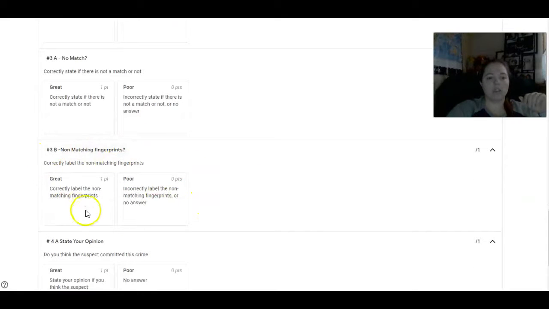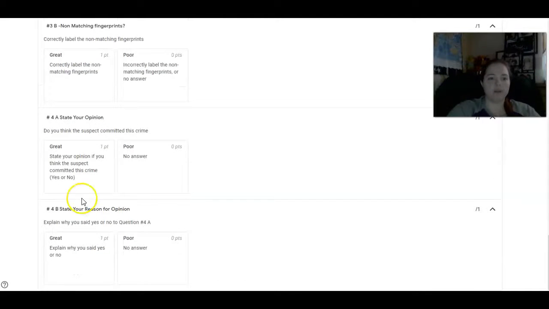So, like, is there not a match or are there matches? Sorry, my wording's a little wonky on that one. B, you would correctly label the non-matching fingerprints. 4, do you think the suspect committed this crime? You are going to give me a yes or no. The only way you can not get a point is if you don't give me any answer. B, you're going to explain yourself. If you do not explain yourself, you don't get points. That's the gist of it.